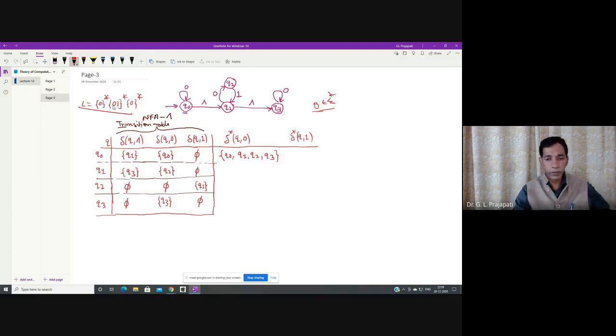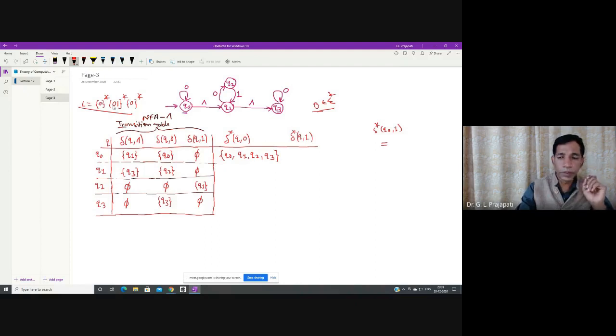Whenever you are at the state Q0 and the input string is 1, you need to compute it. You are at the state Q0, the input is 1.